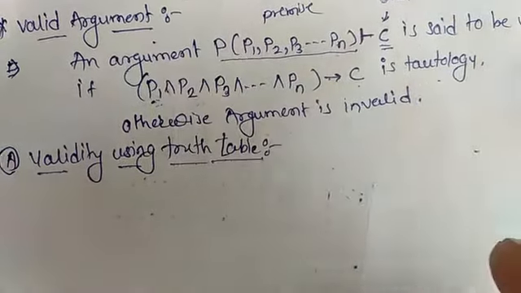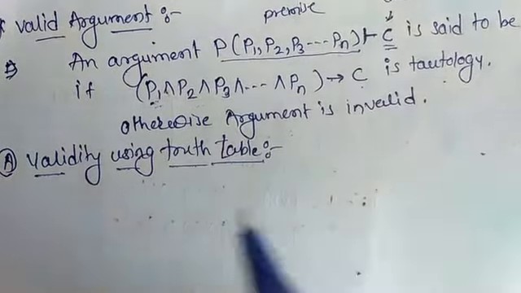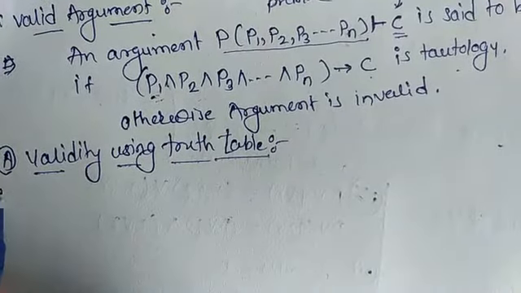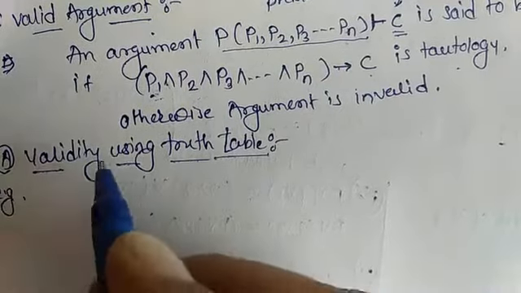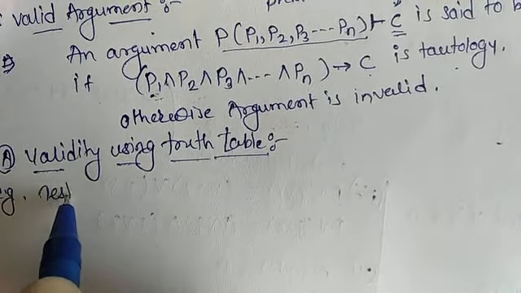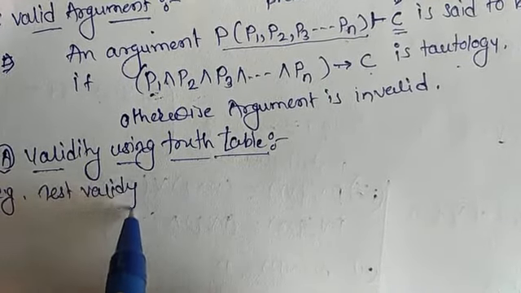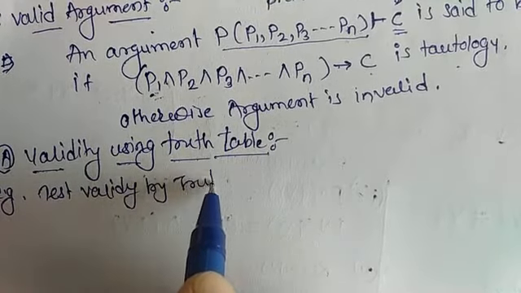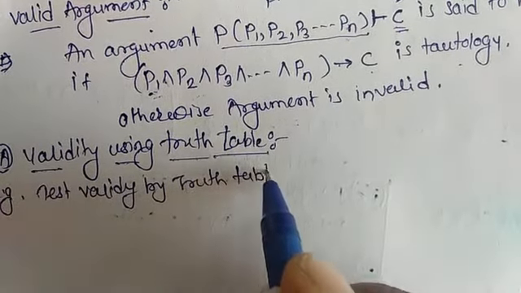If it is not, it will be invalid. So, for example, test the validity of an argument by truth table.